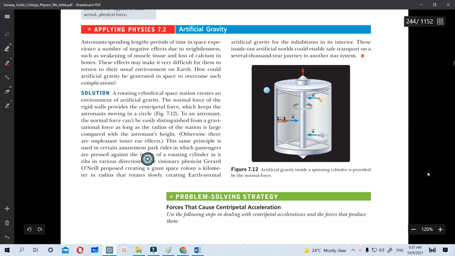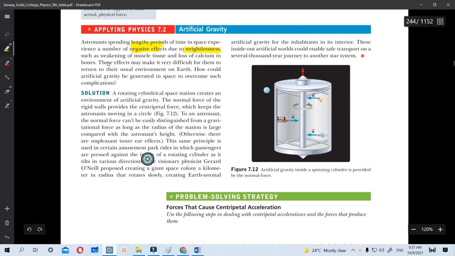Alright, this is not something that comes from your textbook, but it's very interesting to look at and learn from. This is a situation whereby astronauts spend a lengthy time in outer space where they will experience the negative effects of weightlessness. We thought that less weight, less force of gravity would be best.